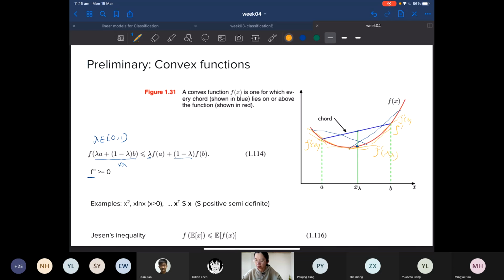The second derivative is the rate of the change of these tangents. So we can see that the rate of change is negative at point A, and it's positive at point B, and in between it continuously increases. So therefore, the rate of change for the tangents of the function is positive, or non-negative.